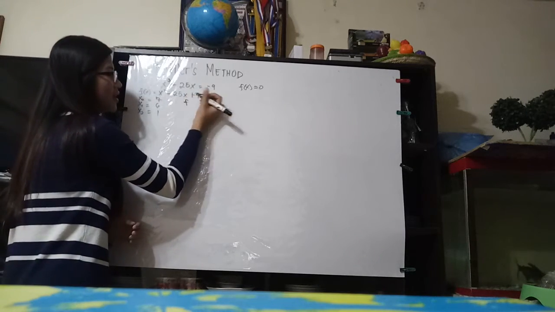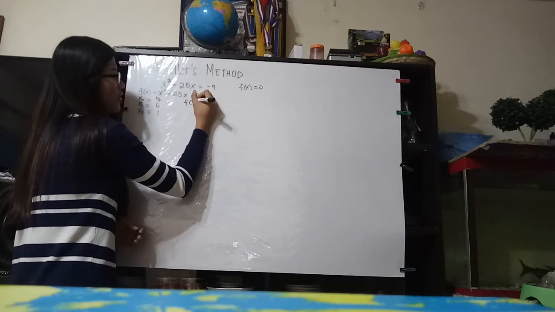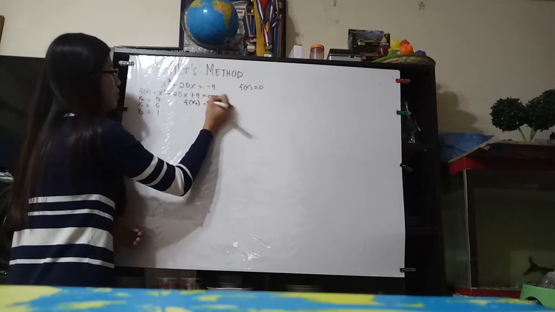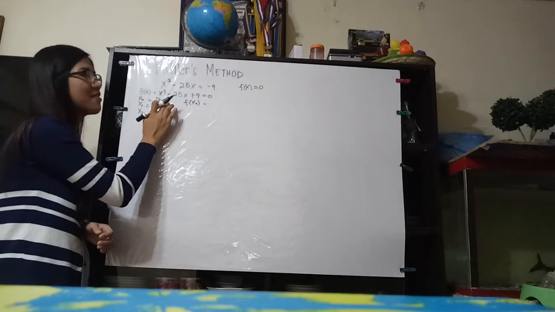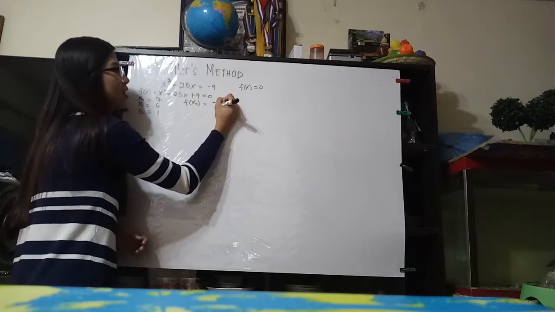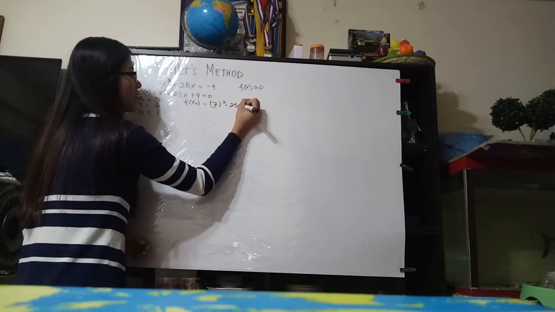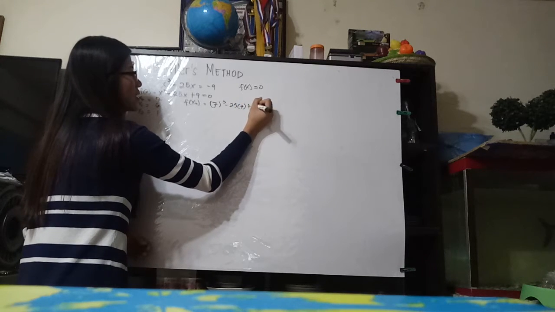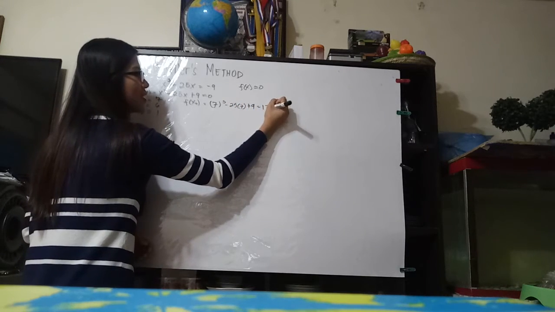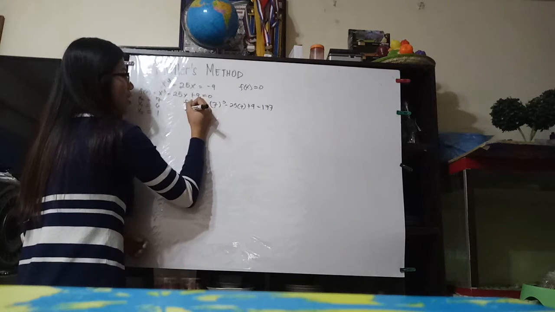For the value of the function of x0, we're just going to substitute this 7 into our equation here. We have 7 cubed minus 25 times 7 plus 9. This would be 177 for our function of x0.